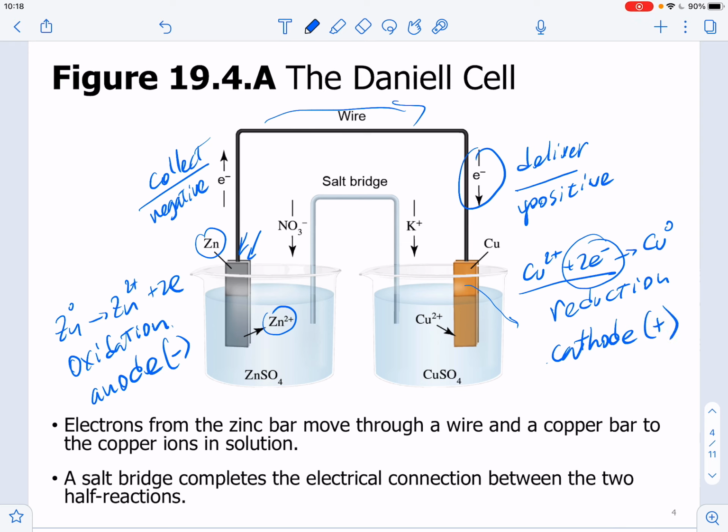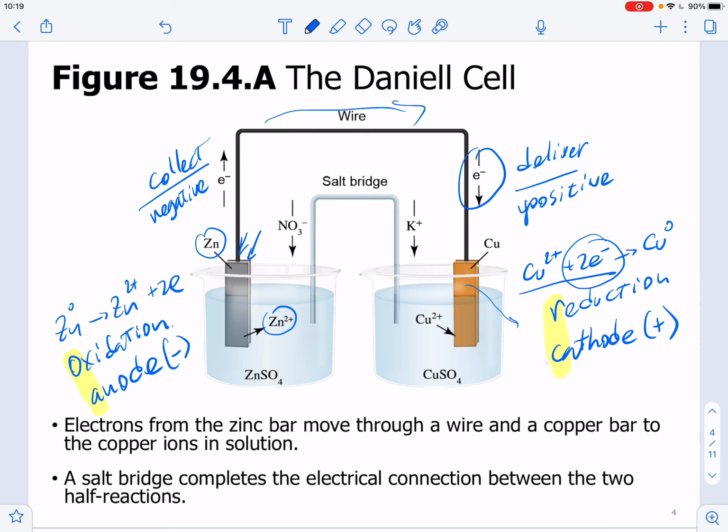Okay, now here is something that I want you to remember correctly. Okay, so where does each reaction happen? So the oxidation happens in the anode and the reduction happens in the cathode.